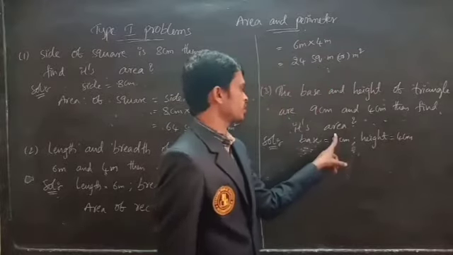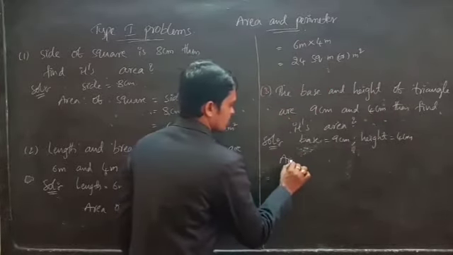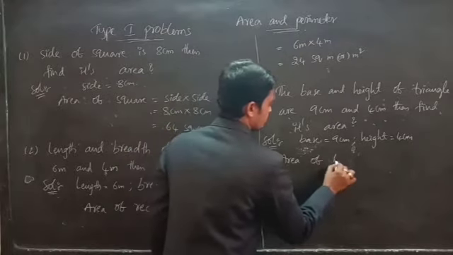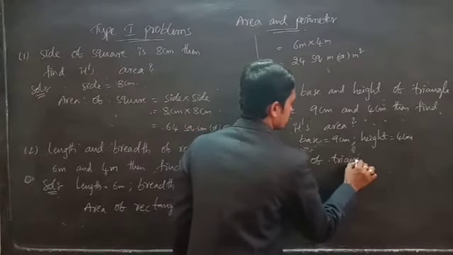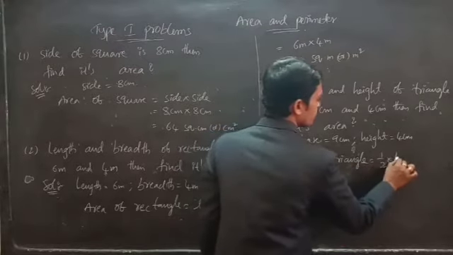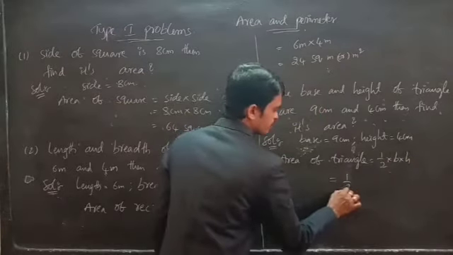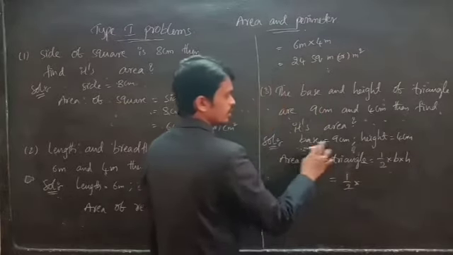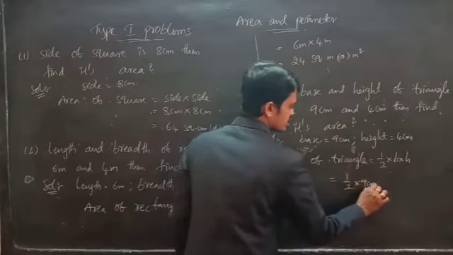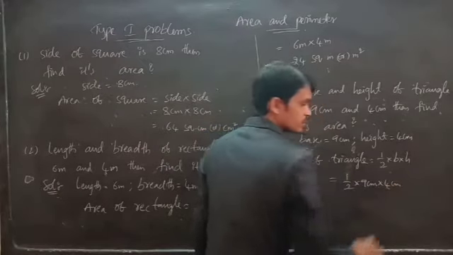So what is asked? Area of the triangle. So area of triangle formula: half into base into height. So half into base, which is 9 centimeters, into height, which is 4 centimeters.